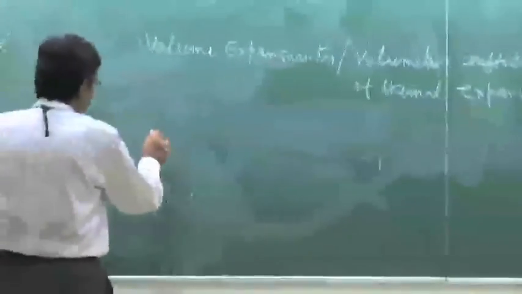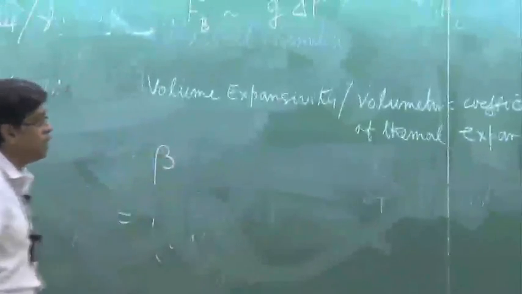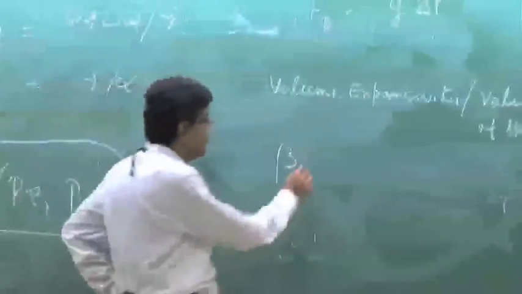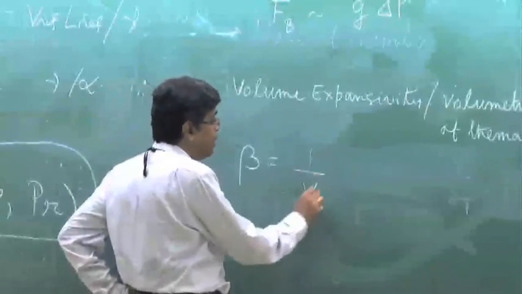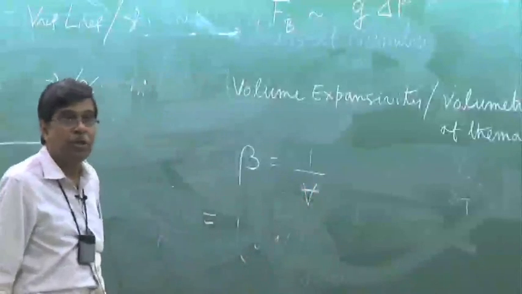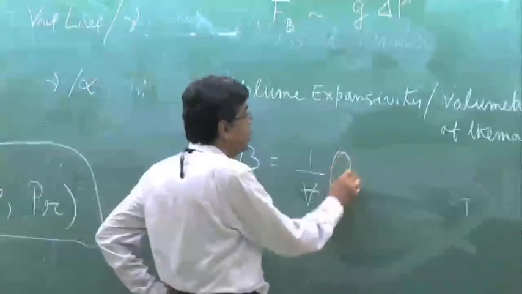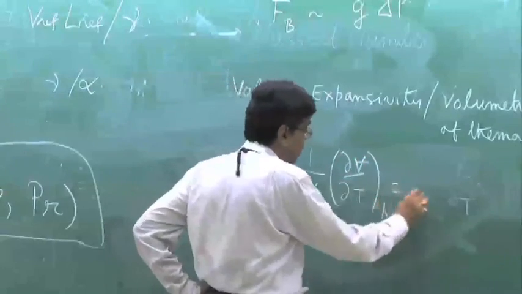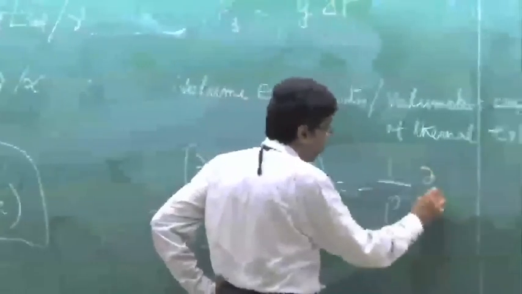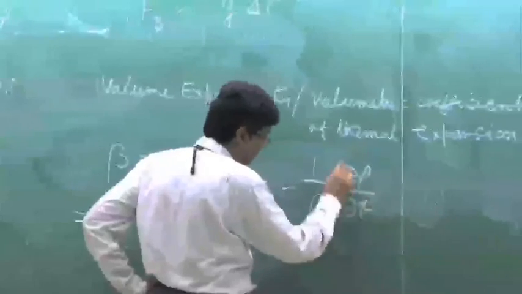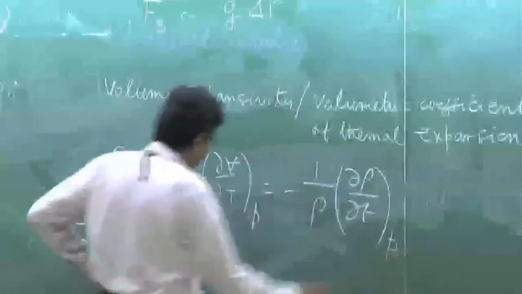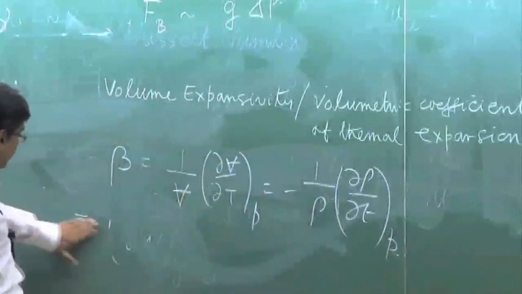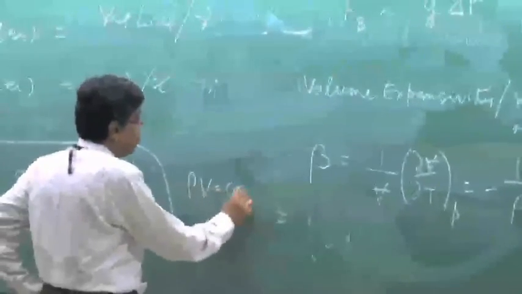But the usual style is that the volumetric coefficient of thermal expansion is defined as 1 by V, V is the volume, I use a cut to distinguish it from velocity, into del V del T at constant pressure. This can be written as minus 1 upon rho in terms of density, because rho V is constant for a given mass.